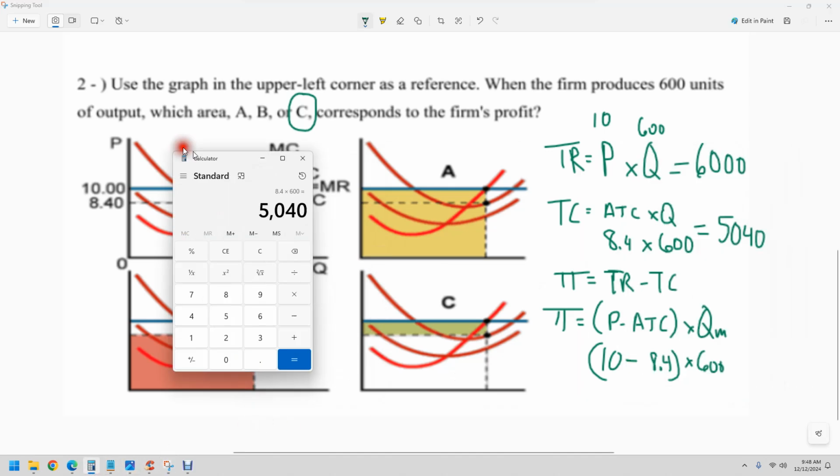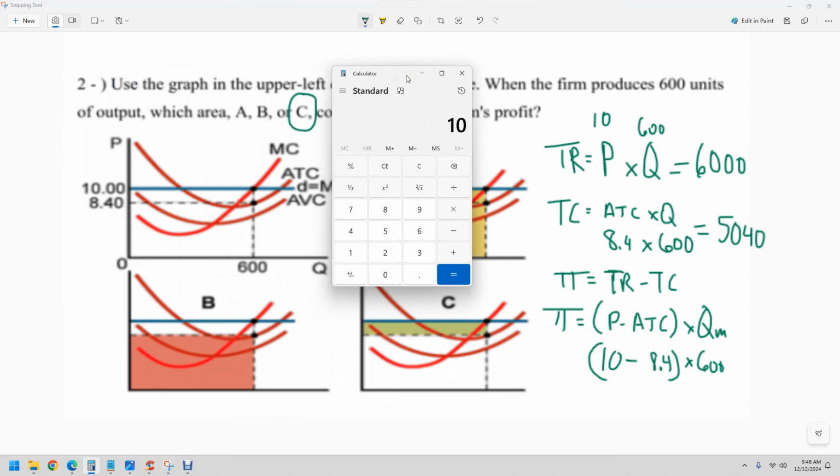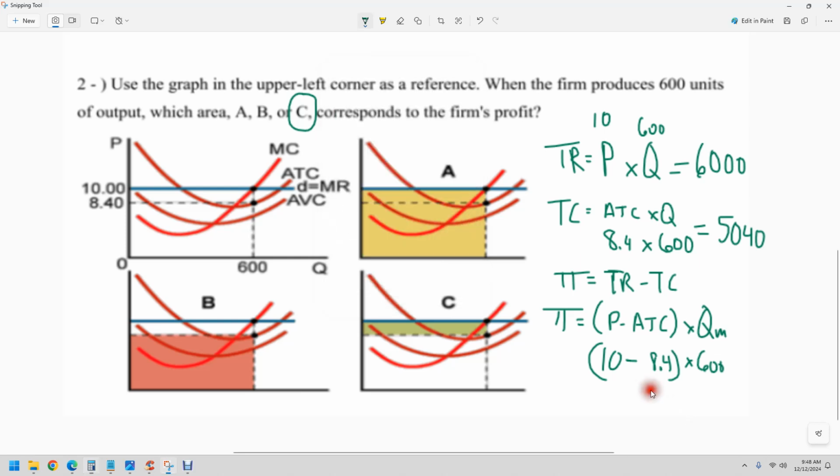So 10 minus 8.4 is 1.6, and then multiply that by 600, and we get 960. So 960 is the total profit, whichever way is easier. If this is easier, you do it with total revenue and total cost. If this is easier, you take the difference and multiply it by the total quantity.